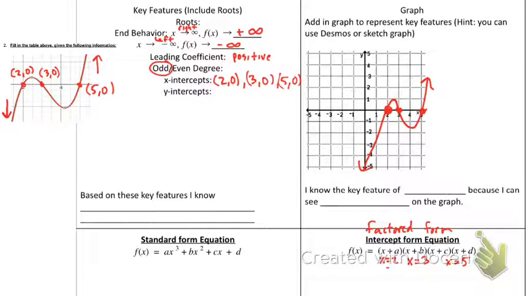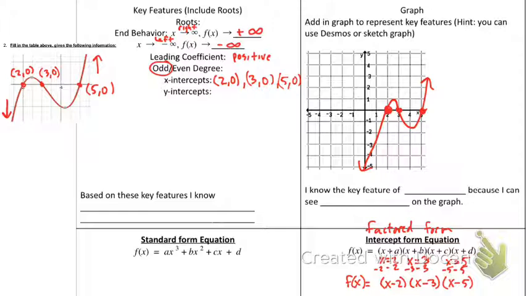So to do that, we're going to subtract 2 here. That gives me x minus 2. Subtract 3 here. That gives me x minus 3. And subtract 5 here. That gives me x minus 5. And that is intercept form.